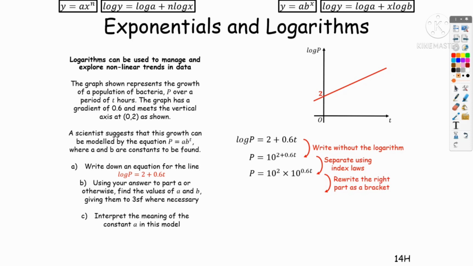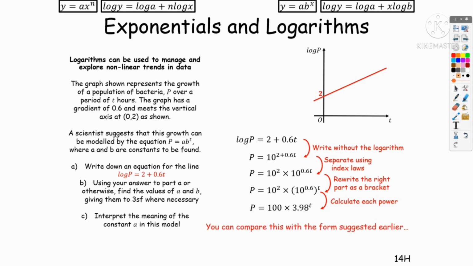Rewrite the right part as a bracket, so that's 10 to the 0.6 all to the power of t. Calculate each power. So we get 100 times 3.98 to the t. And you can compare with the form suggested earlier on. So that means that A is 100 and B equals 3.98 by comparing coefficients.